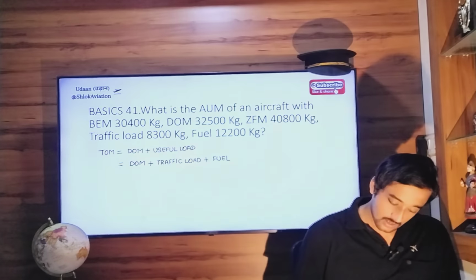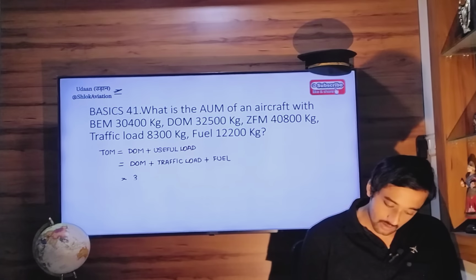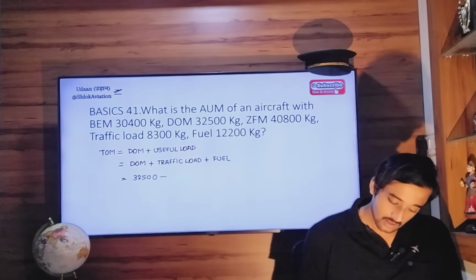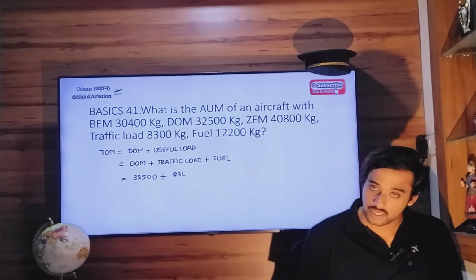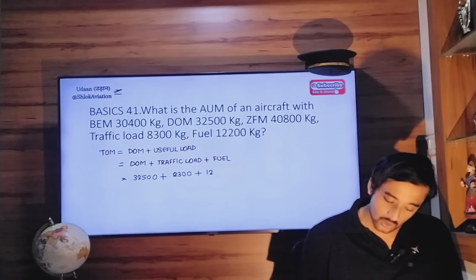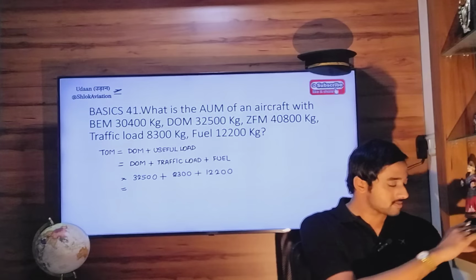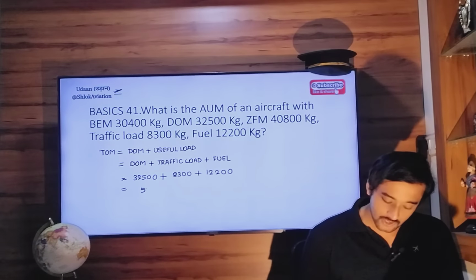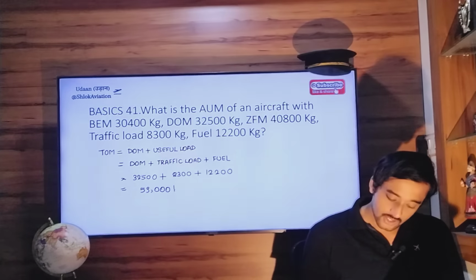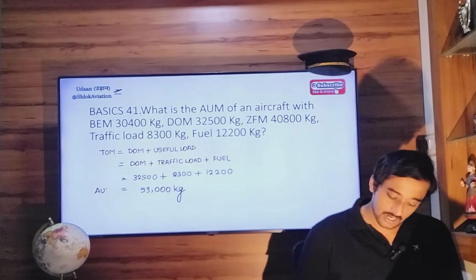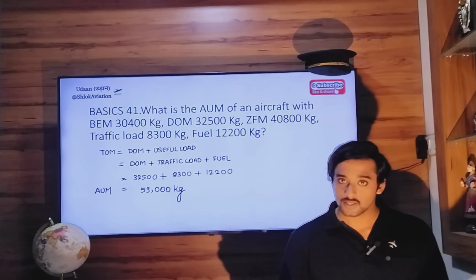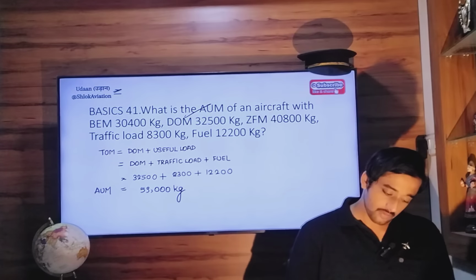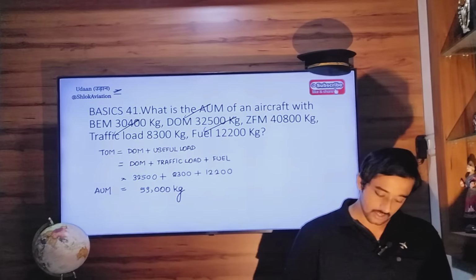So 32,500 plus 8,300 plus 12,200 is equal to 53,000 kg. So the answer is the all-up mass of this aircraft is 53,000 kg. Okay. DOM plus traffic load plus fuel.